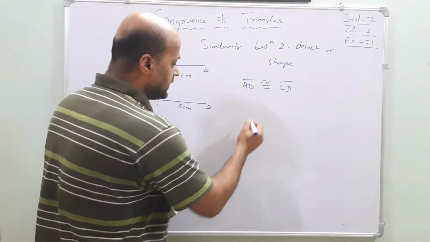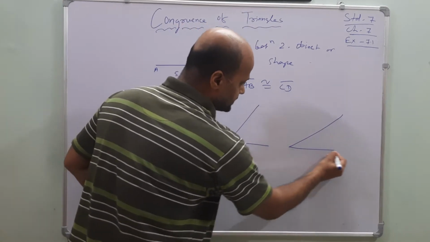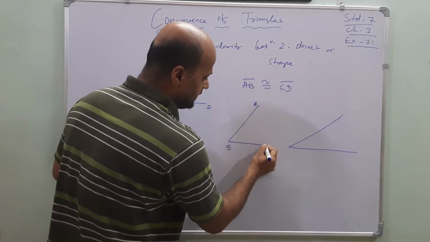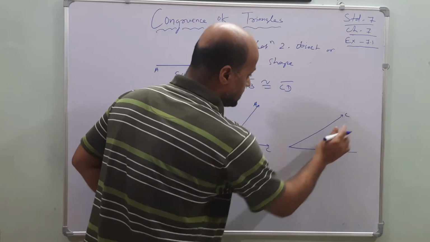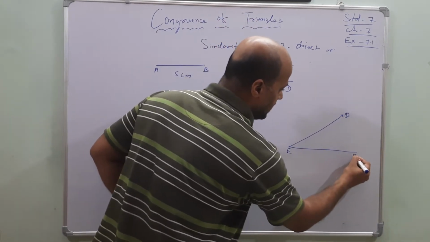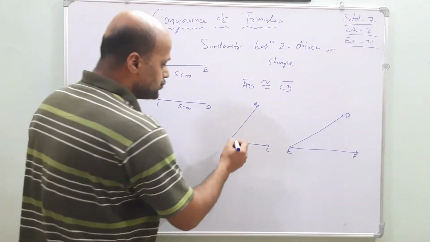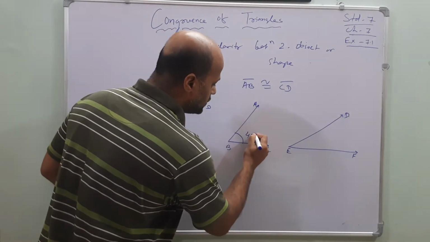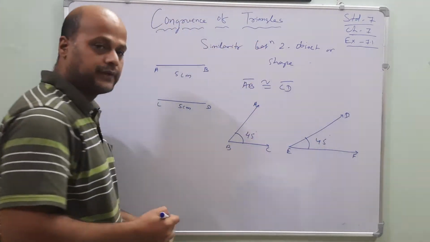Now take an example of two angles. Here I will write angle ABC and angle DEF. Now if these two angles are congruent, if the angles are equal to each other, I will write here that the measure of these two angles is 45 degrees.